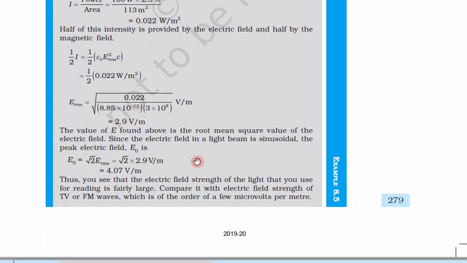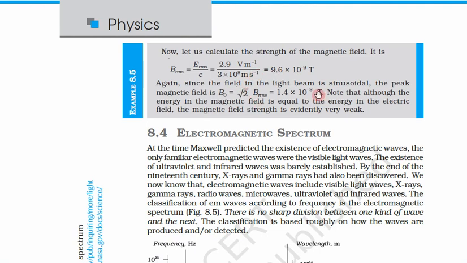But what we saw is that the electric field is very high for the same energy or same intensity, while the magnetic field is very low for the same intensity. So magnetic fields generally provide very little energy in comparison to electric fields.